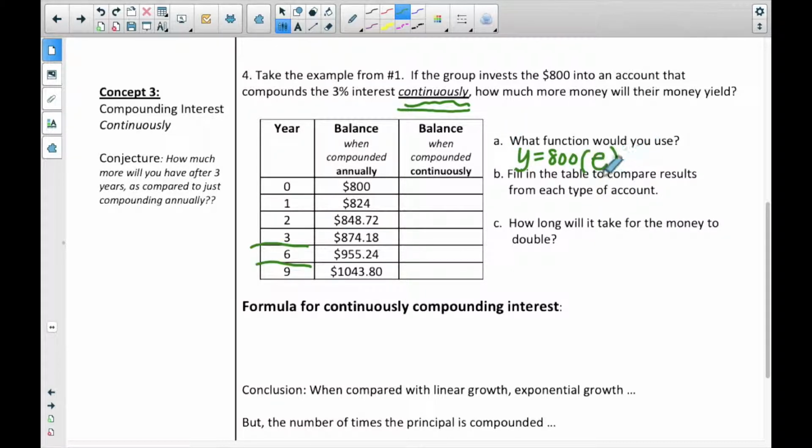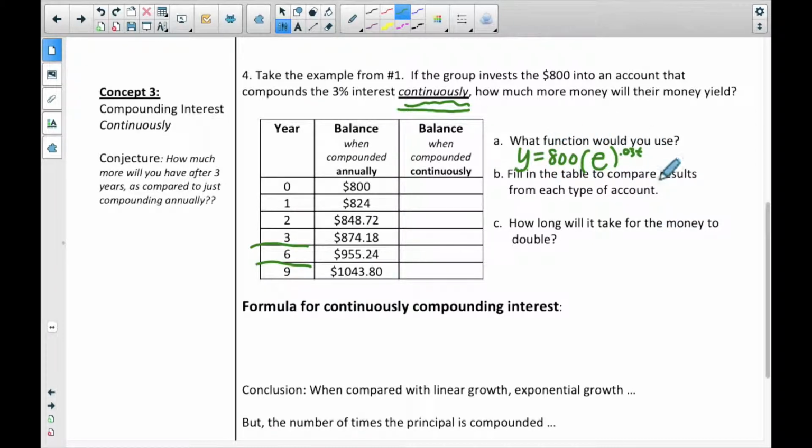And so we're going to use that as our compounding rate. And then we still need the n times t over here, which is going to be 0.03 times t. And so it's a little bit different over here in the powers. Let me get that so you can read that better. All right, for now, let's use this.